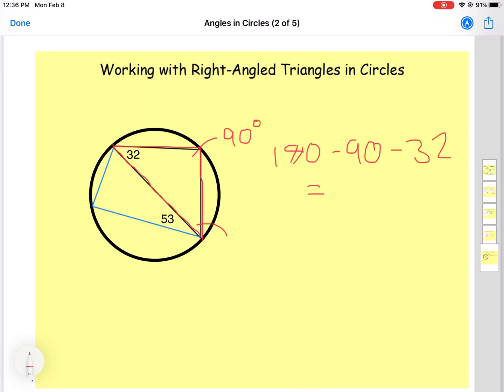Okay, again the key here is spotting that up at that top right side of the triangle we have got a 90 degree angle, and that's the rule that we are using today. So 58 degrees is the angle down at the bottom right hand side of the top triangle.